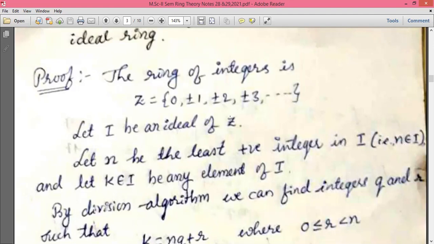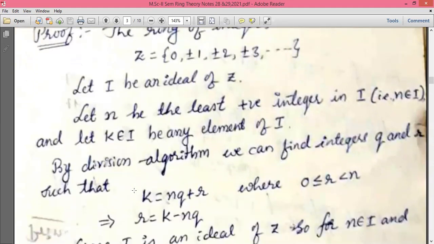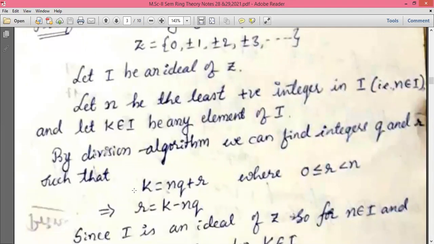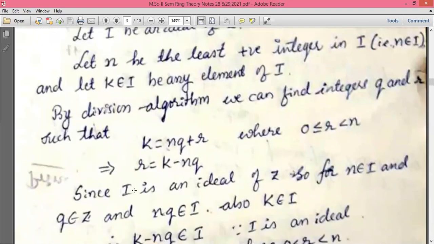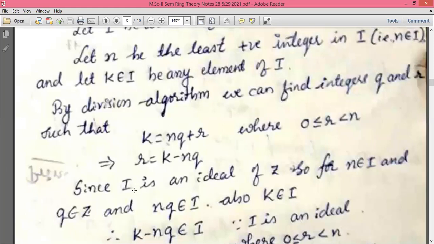Now let I be an ideal of Z. Let n be the least positive integer in I, that is, n belongs to I, and let k be any element of I. By the division algorithm, we can find integers q and r such that k can be expressed as nq plus r, where r is the remainder, with r running from 0 to n.